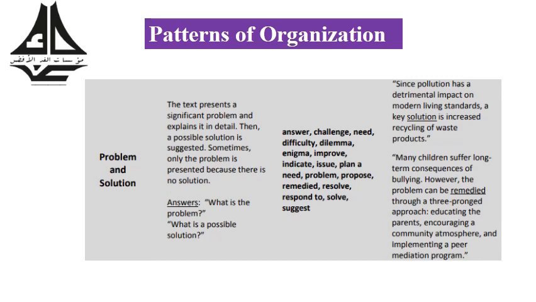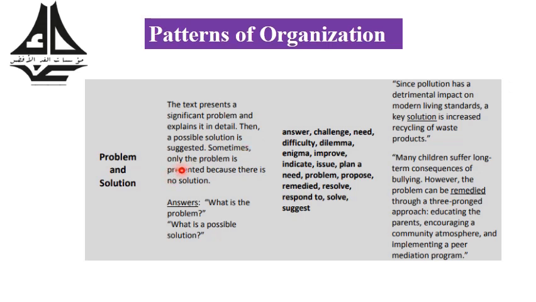The third and final pattern of organization is problem and solution. From its name, this pattern of organization presents a problem and explains it, then a possible solution is suggested.